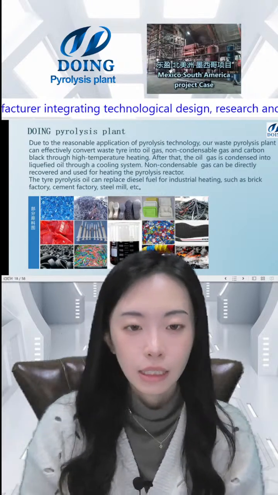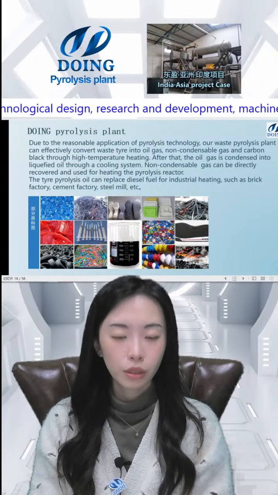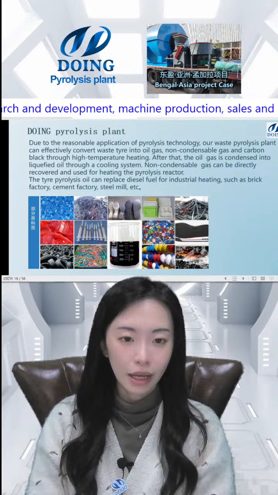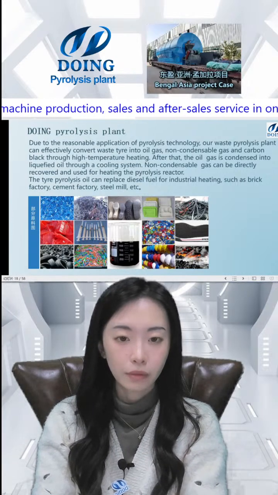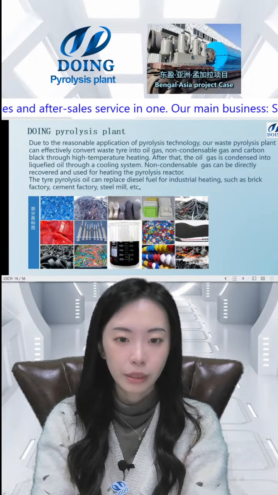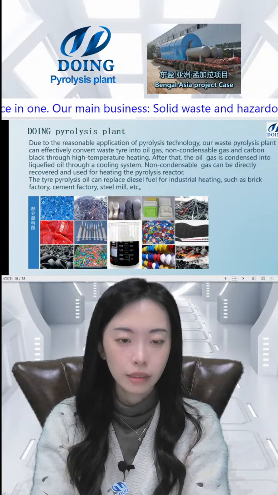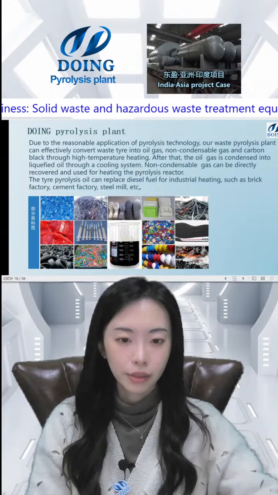After that, the oil gas is condensed into the liquid oil through the cooling system. Non-condensable gas, or we call tail gas, can be directly recovered and used for heating the pyrolysis reactor. The tire pyrolysis oil can replace diesel fuel for industrial heating, such as brick factory, cement factory, steel mill, and so on.